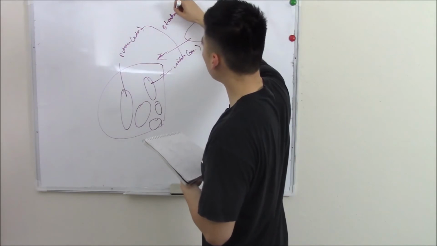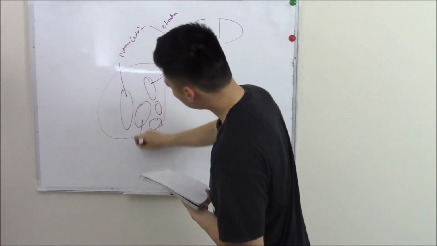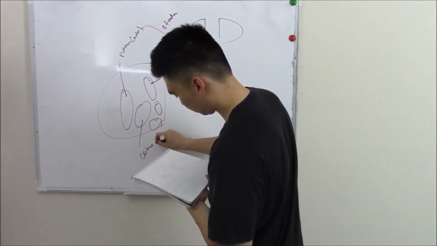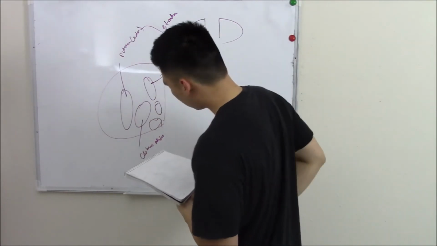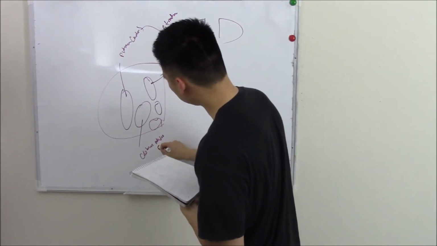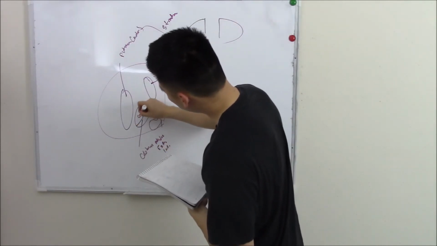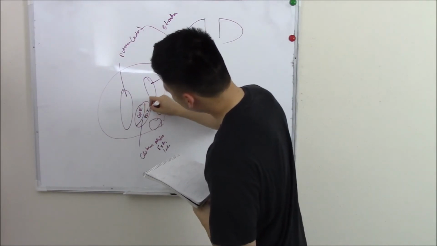So if you see the word striatum, don't get confused, it's just grouping these two together. Down here, it's going to be your globus pallidus. Sometimes broken up into external, internal. So I just write GPe, globus pallidus external, GPi, globus pallidus internal.